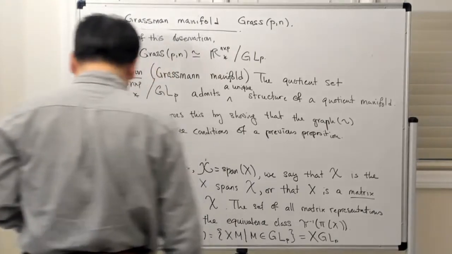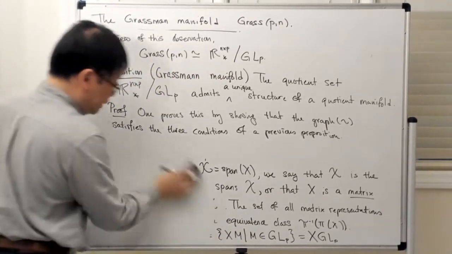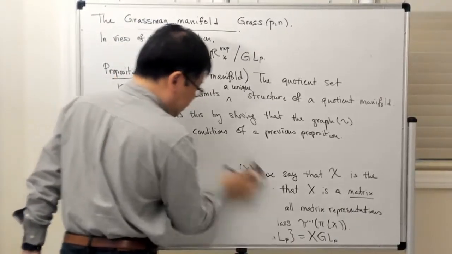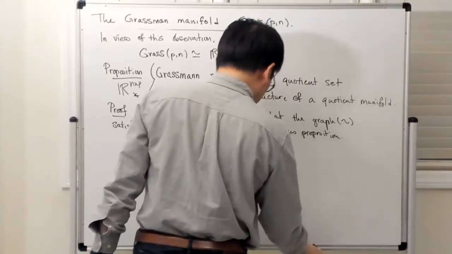I don't really want to go too much into details, but suffice to say, you can endow the Grassmannian with a quotient manifold structure.